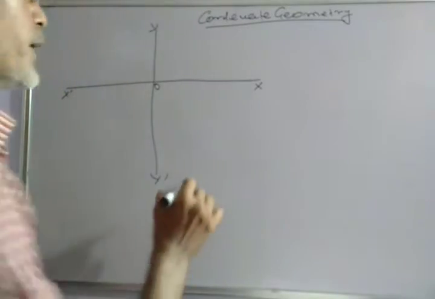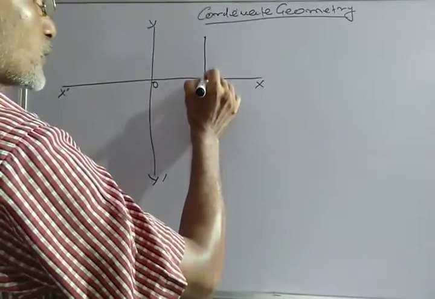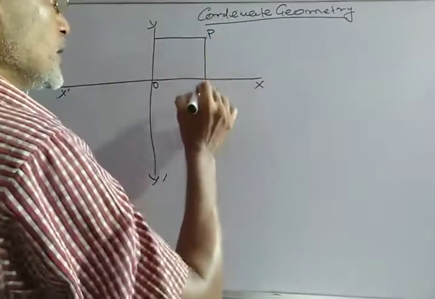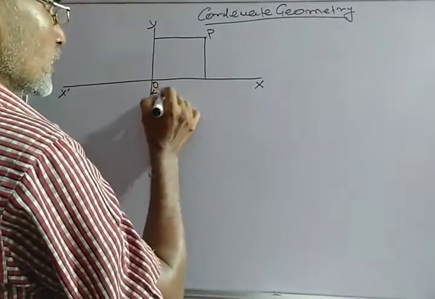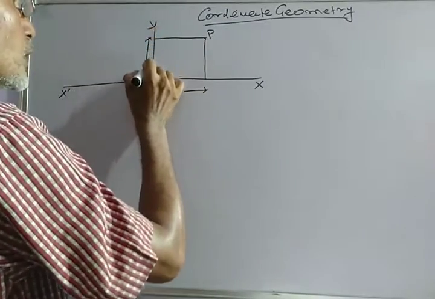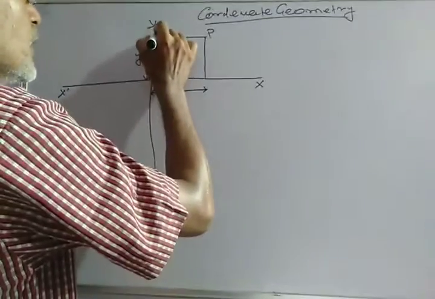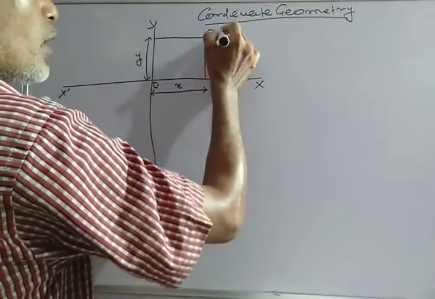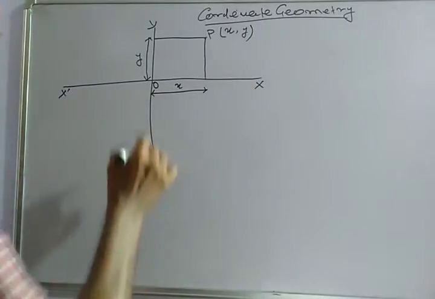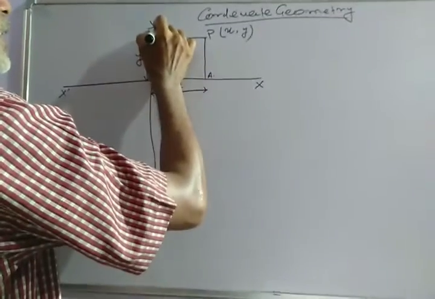So if a point is located here, this is the point P, the distance from here to here is x, and the distance from here to here is y. Then the coordinates of this point will be x and y, because the distance OA is equal to x and OB is equal to y.